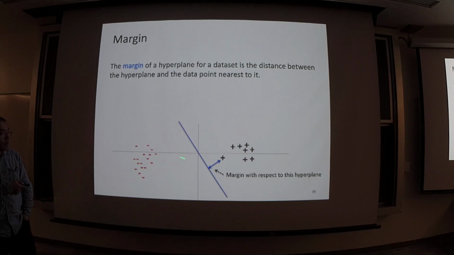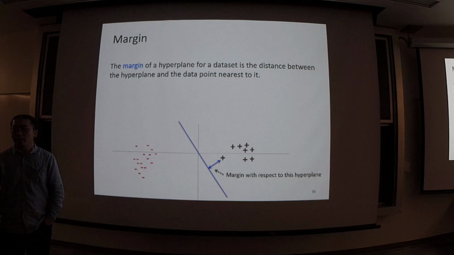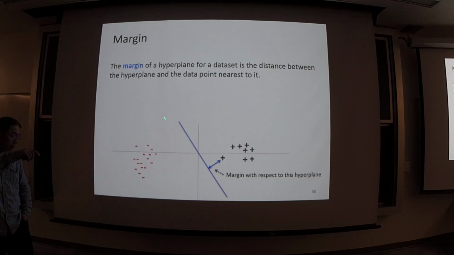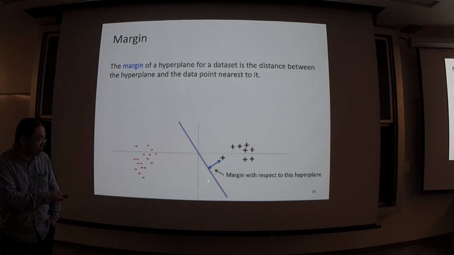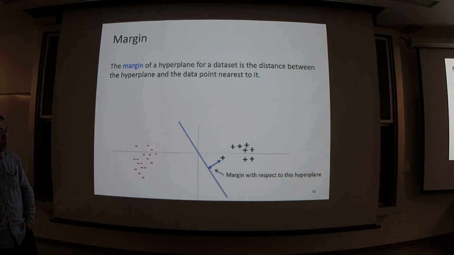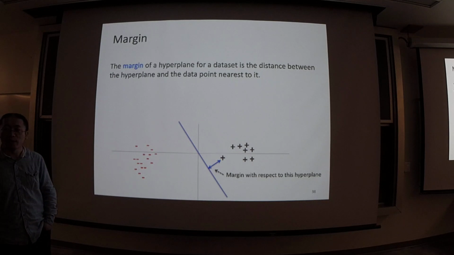So suppose we have this set of labeled examples, positive and negative examples, and we have a separating hyperplane. Then the margin of this separating hyperplane with respect to this data set is the distance between the data point in this data set which is nearest to this hyperplane. So here it's just this positive example here.